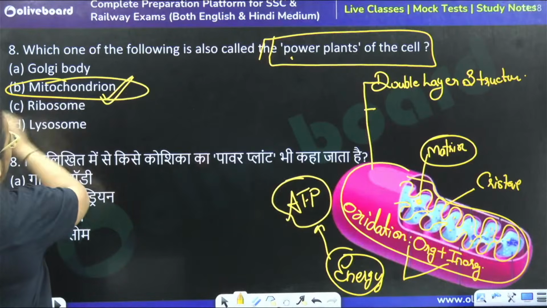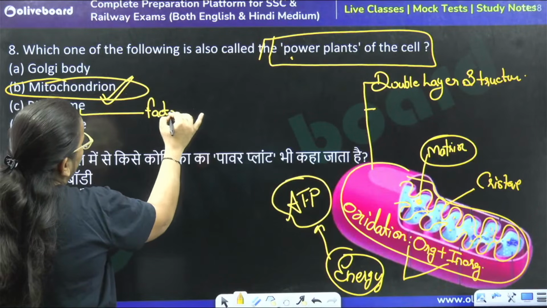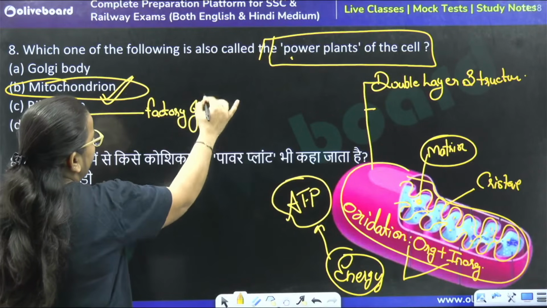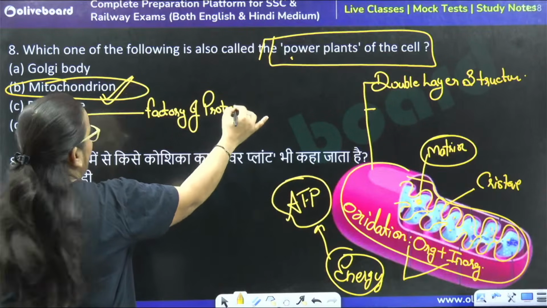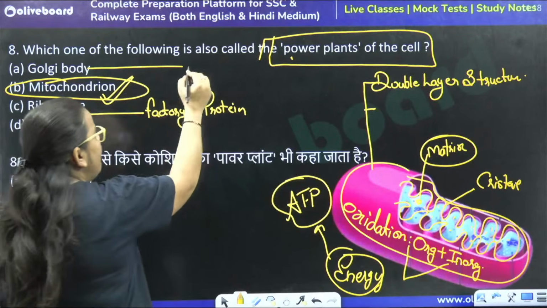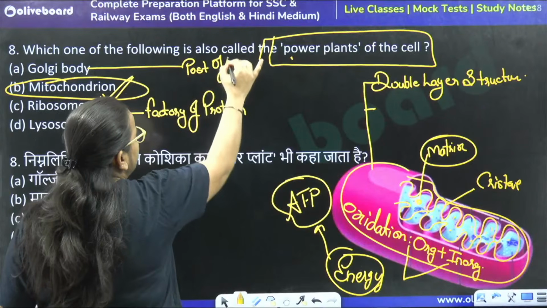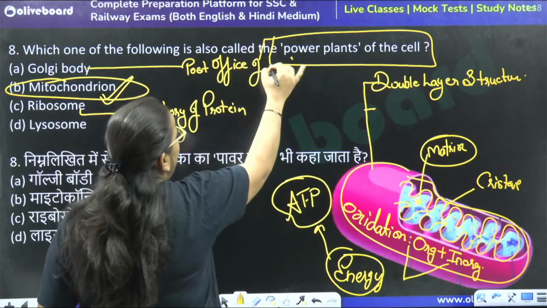So the correct answer is this option number. Ribosome is simply the factory of protein. Golgi body is always termed as the post office of the cell. Why?